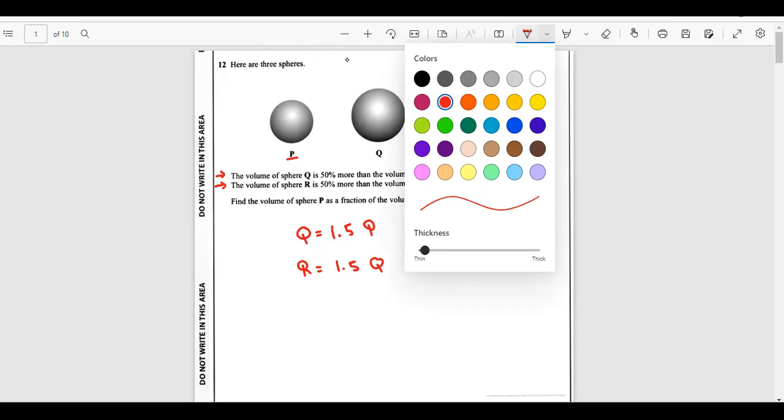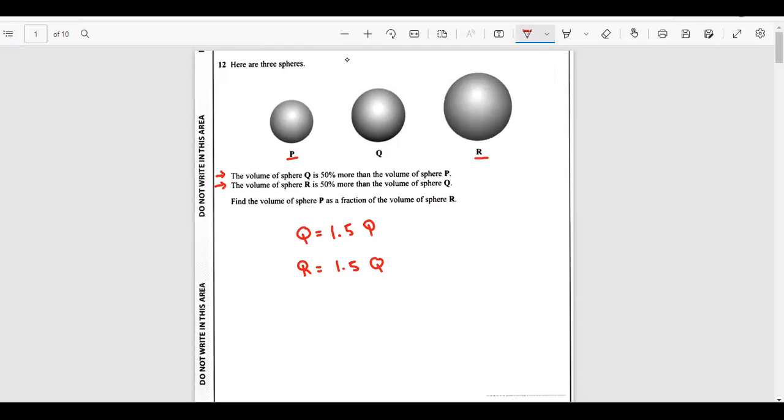This is basically Q equals 1.5 times P, and this is R equals 1.5 times Q. Now I can use, let's say, my first equation and my second equation to find this part. Now I am interested in P and R. So this is P. This is P. And this one is R. So I can basically plug in this value over here.